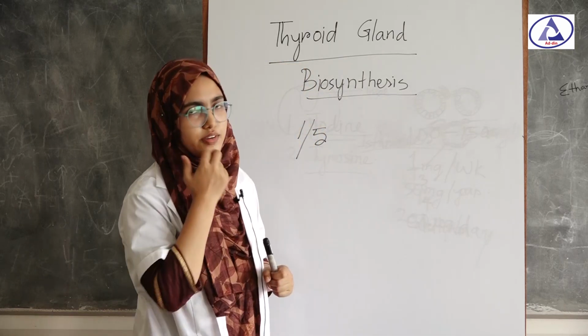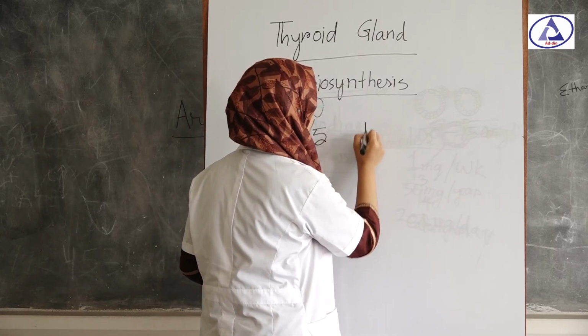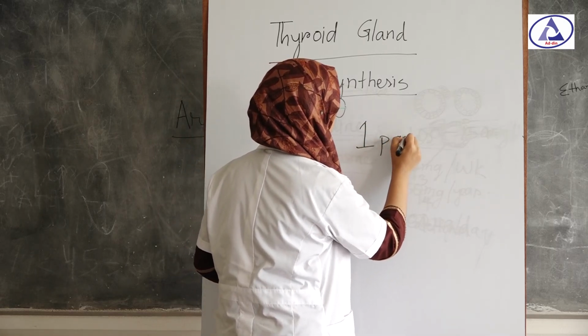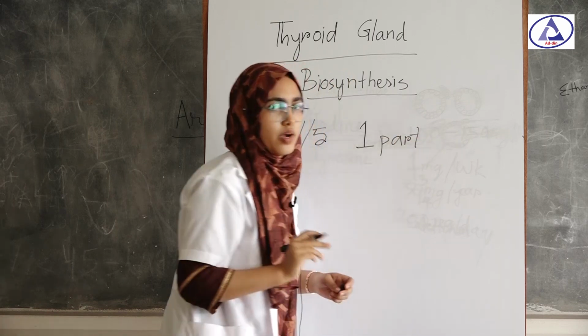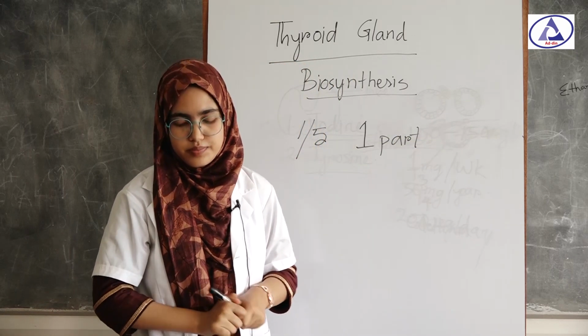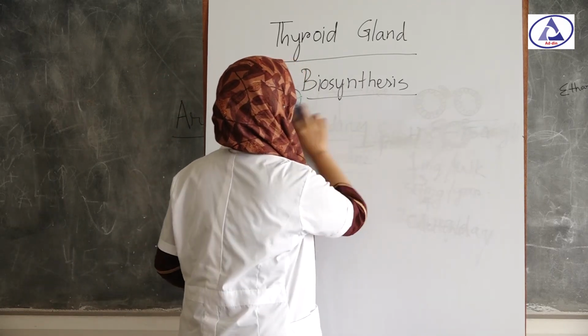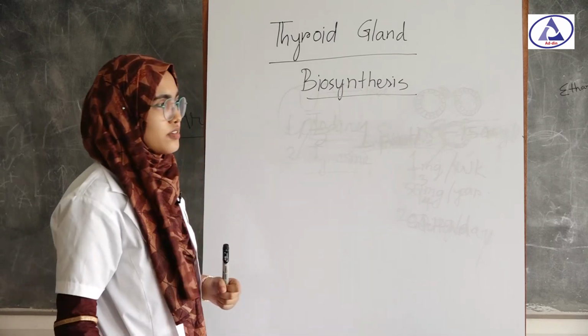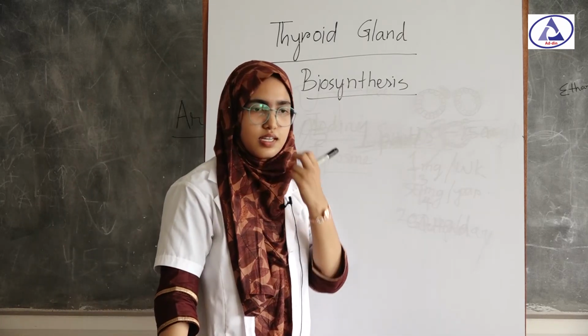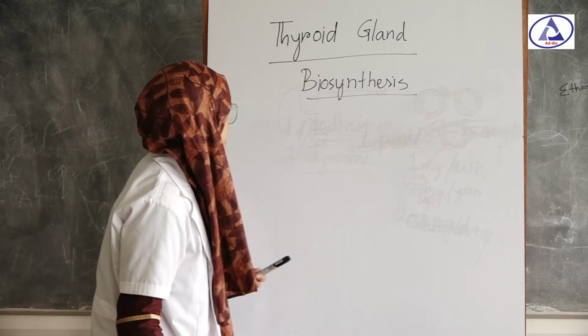Common table salt is iodized with 1 part of sodium iodide to 1 lakh parts of sodium chloride. And tyrosine is an amino acid and it is present in the thyroglobulin molecule.